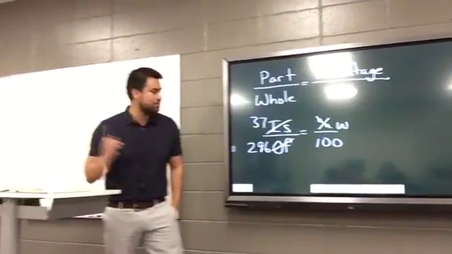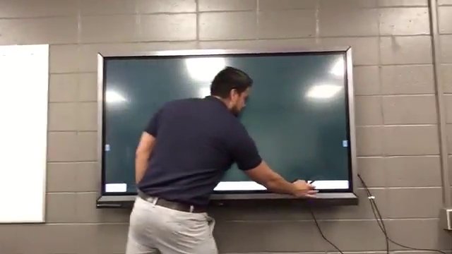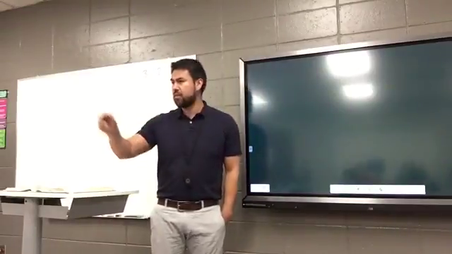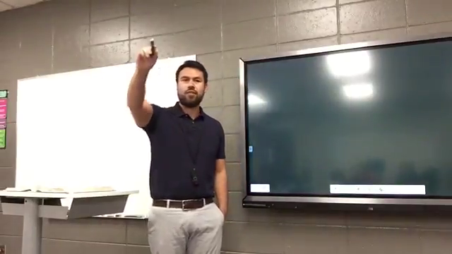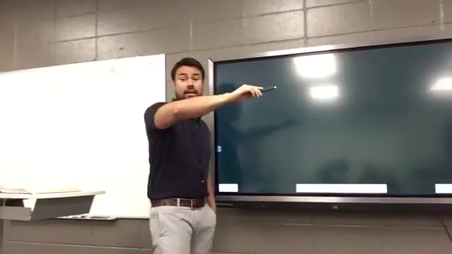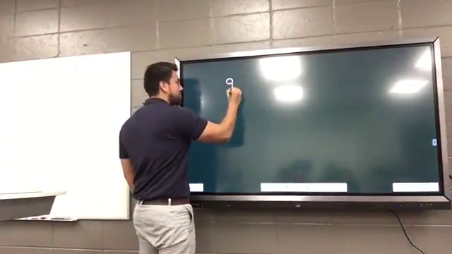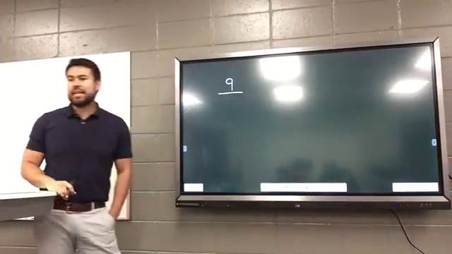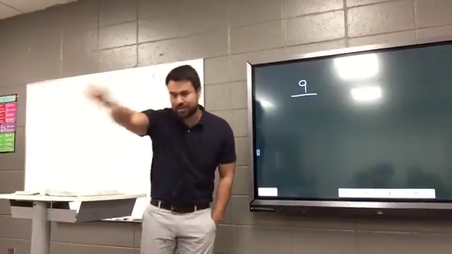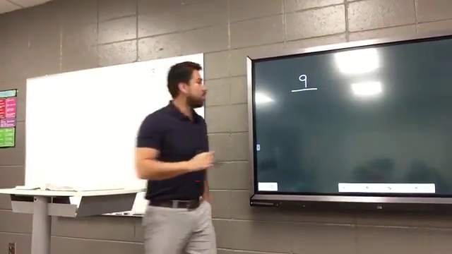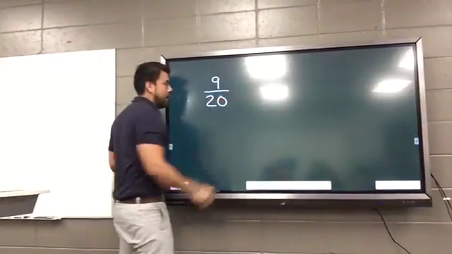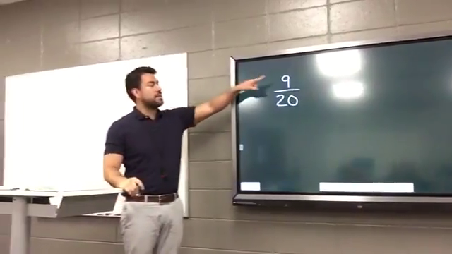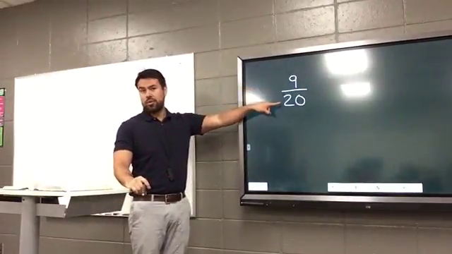But I do want to see here. I asked the other class, how many boys are in this classroom today? 1, 2, 3, 4, 5, 6, 7, 8, 9. Okay, got 9. How many total students do I have in this class? 20. Okay, 20. All right, so would you guys agree that 9 is the part and 20 is the whole?